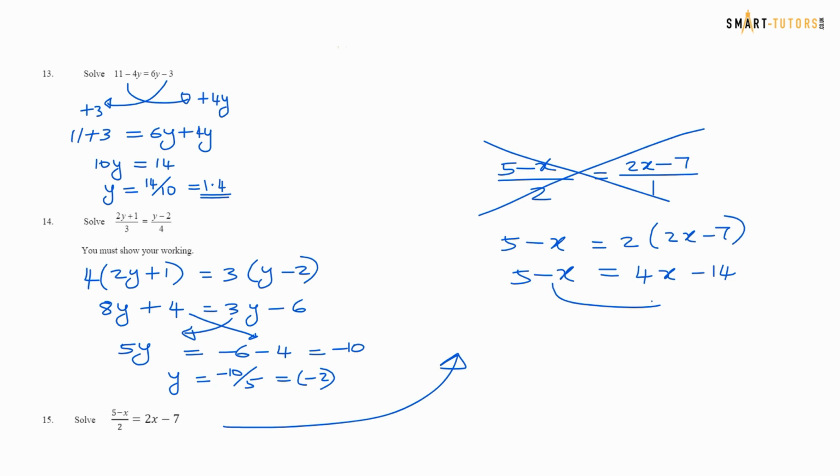So the minus x goes to the other side, plus x, so that becomes 5x minus 14. This side is plus 14 plus 5 is 19. So x equals 19 over 5, so 3 and 4 fifths. So that is the answer for question number 15.